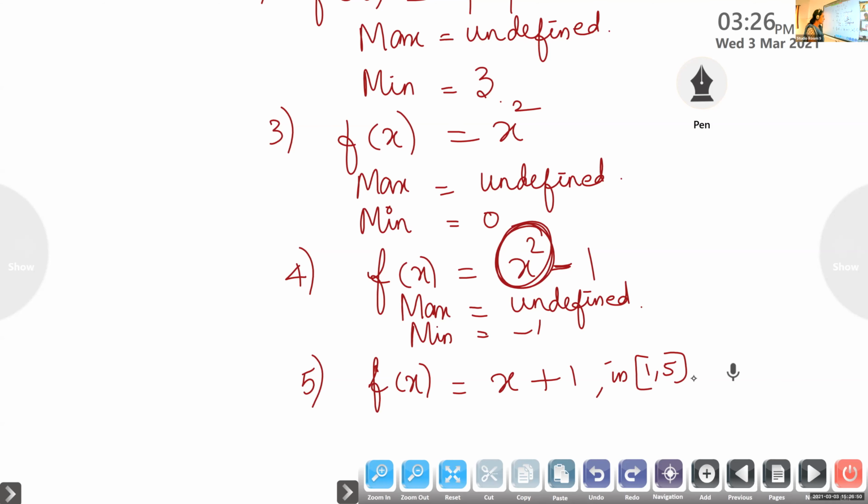Anila Mohanan, can you give what is the maximum value and what is the minimum value? Maximum is 5. Wait, Shubham. I'm asking Anila. Anila Mohanan, give the answer.